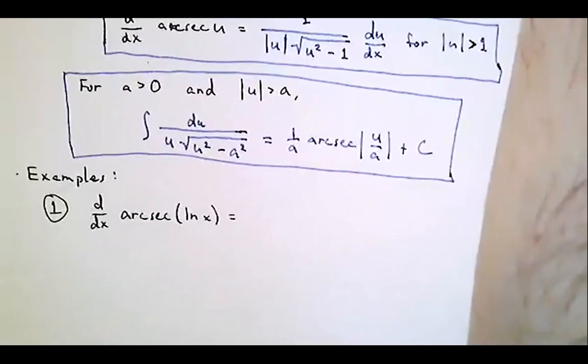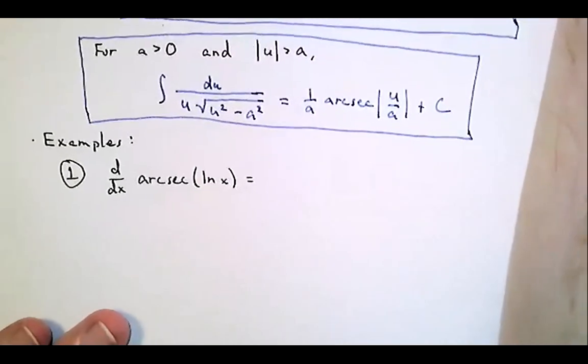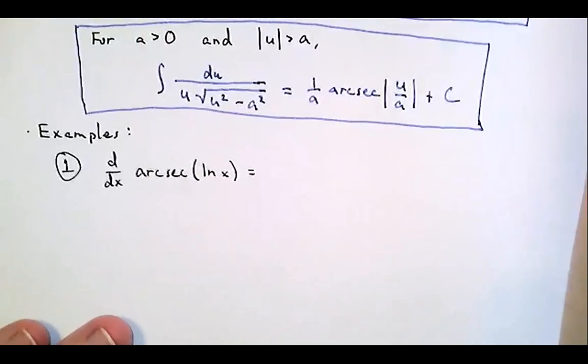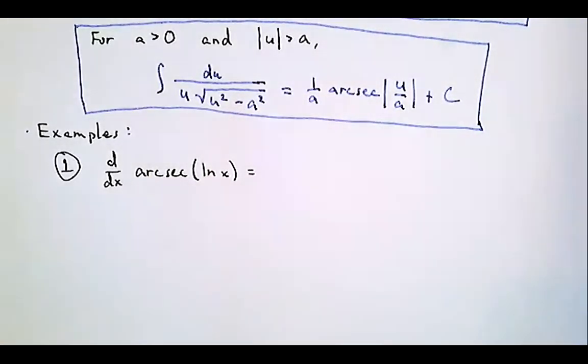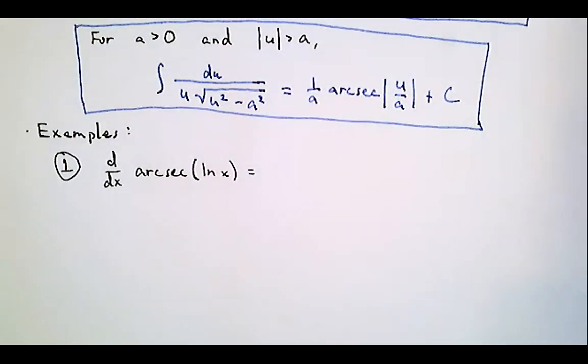But those are kind of technical details that you guys don't have to worry about. You should focus more on trying to use the properties in order to solve problems and leave the deriving of formulas for me or your textbook author to deal with. So what we need to do is practice with these new rules.